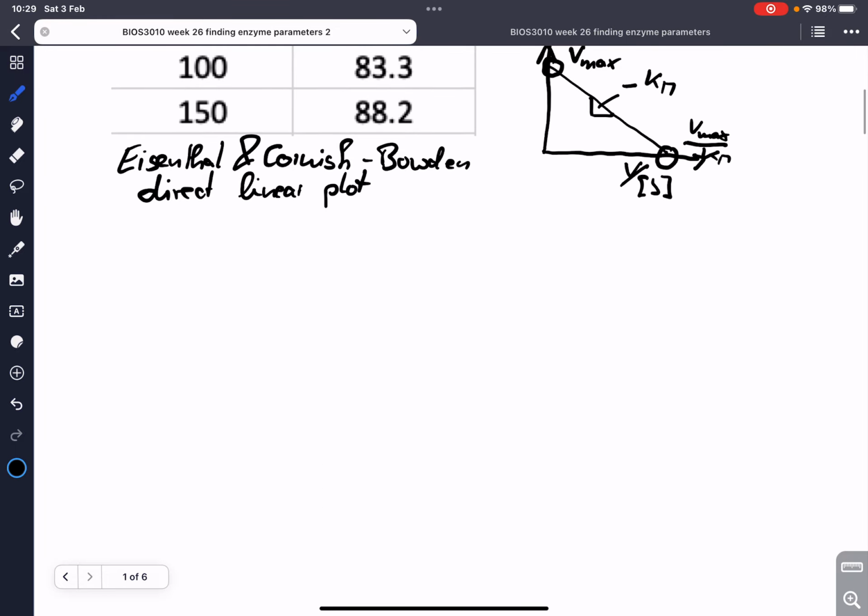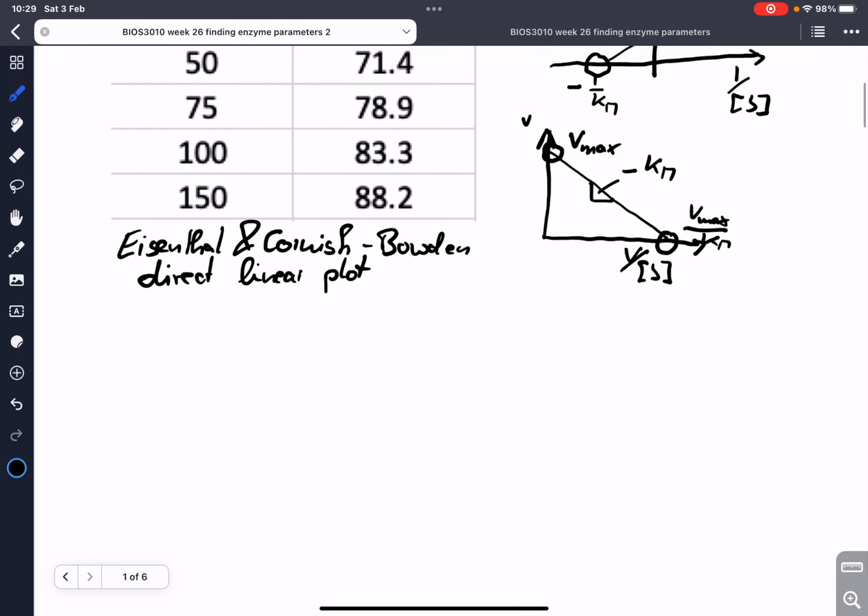Well, they started off with the Michaelis-Menten equation, V equals Vmax times S over Km plus S. That's the usual starting point.